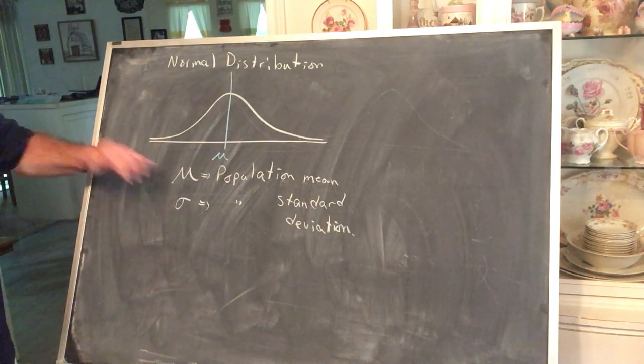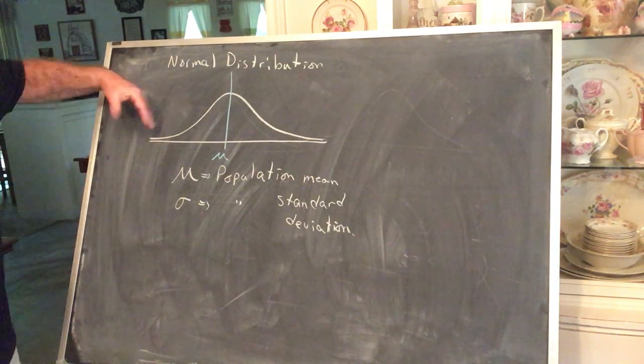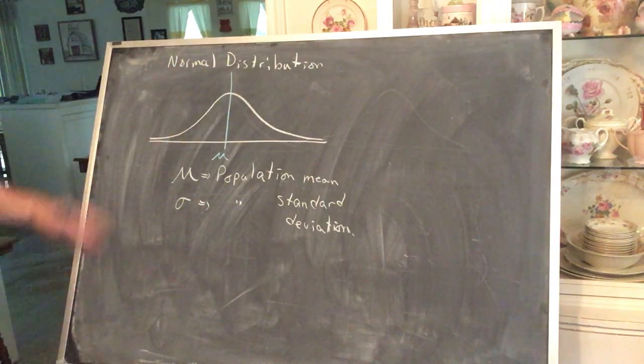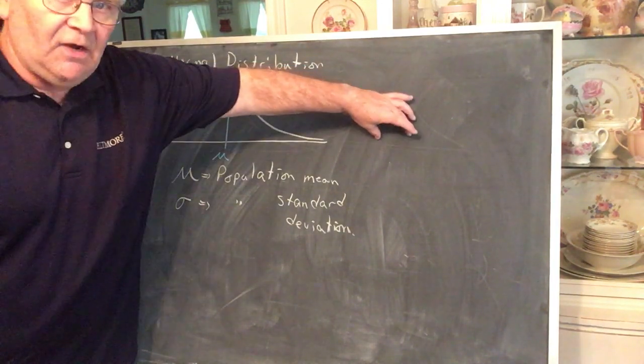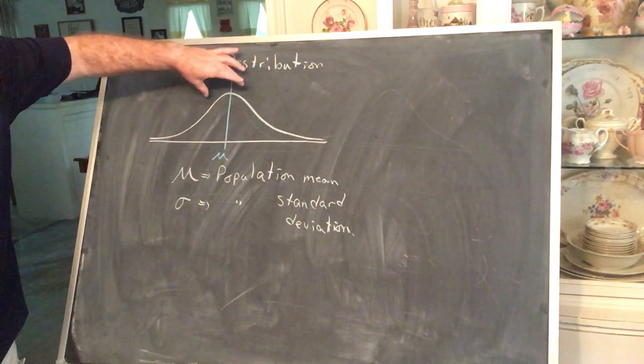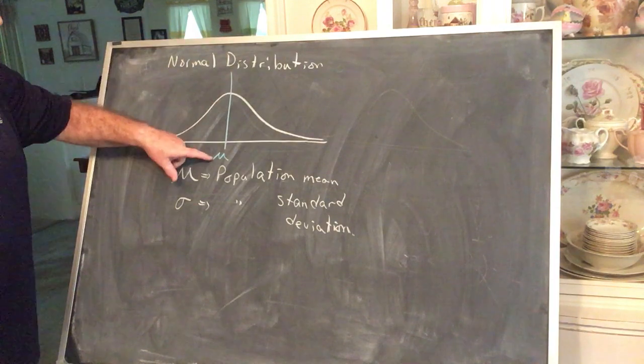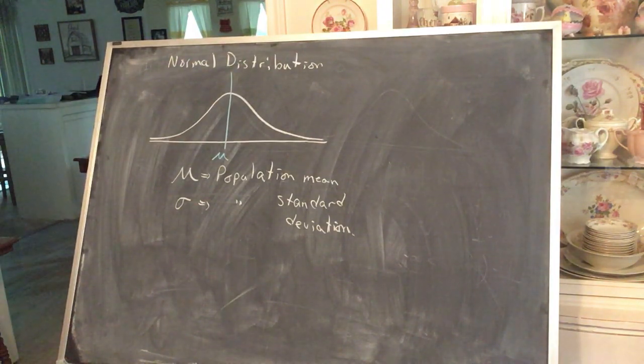So, if the mean of the population is 50, on a number line this would be centered at 50. If the mean of the population is 80, it would be centered over here at 80. So where this normal curve is located depends upon the value of mu, the mean of the population.